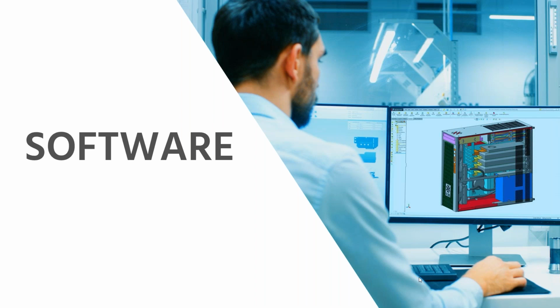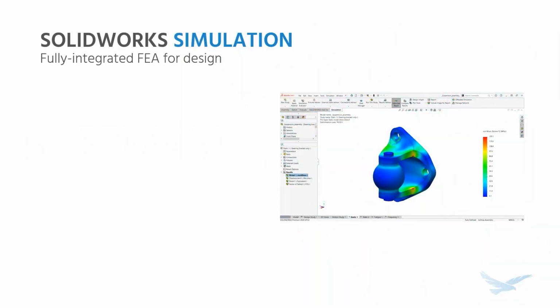So back to software. There are 3 different software tools I'd like to talk about here. The first is SolidWorks Simulation. This is the simulation tool that's built into SolidWorks, and it's something that we're really big fans of here at Hawkridge.